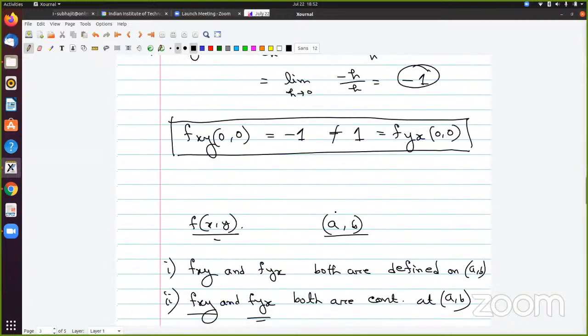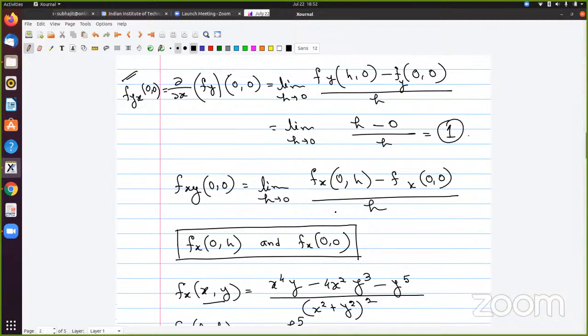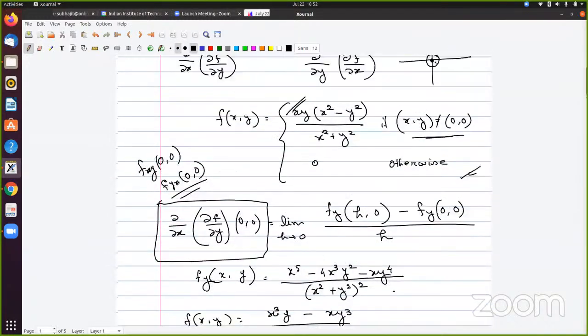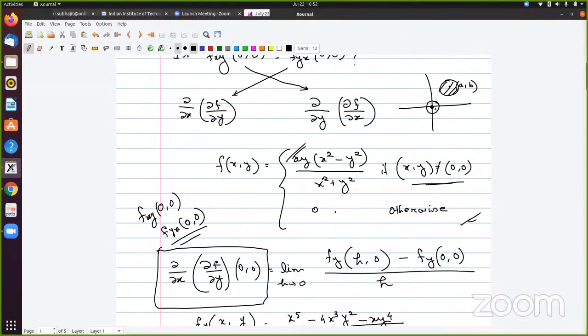Okay, sir. I ask my question another way. Suppose any function is given to me and I calculate the first order and second order derivatives. I do not get a symmetric matrix, then I can conclude that the function is not continuous.